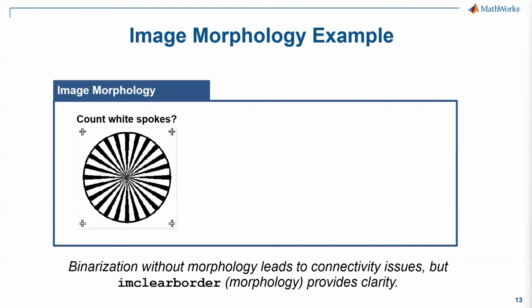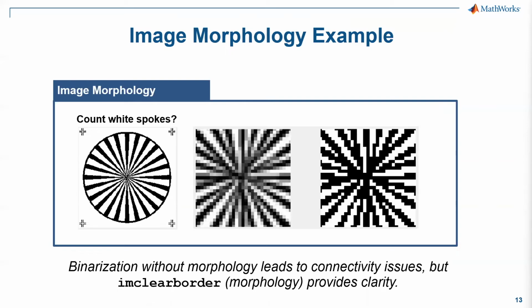Now, suppose we want to count the white regions in this image. If we zoom into the center, we can see that the image is grayscale, even though it appears from afar to be binary. As a first step, we have to decide where one region ends and another begins. On the right, we see simple threshold-based binarization, but even here, we can see that counting blobs is potentially problematic.